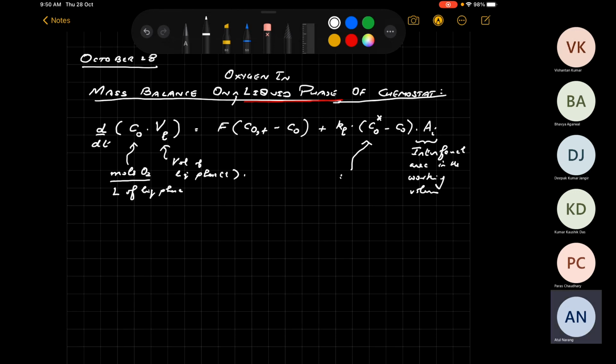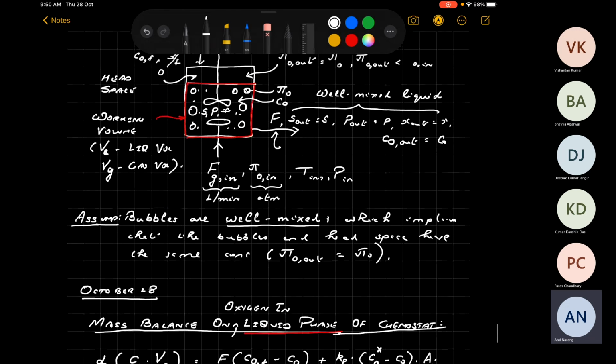This CO star is nothing but HO divided by pi A, where pi A is the concentration of oxygen inside the bubble. Let me mark it in green so that it is clear. This is the bulk concentration inside the bubble. And CO star is the equilibrium concentration corresponding to pi O.